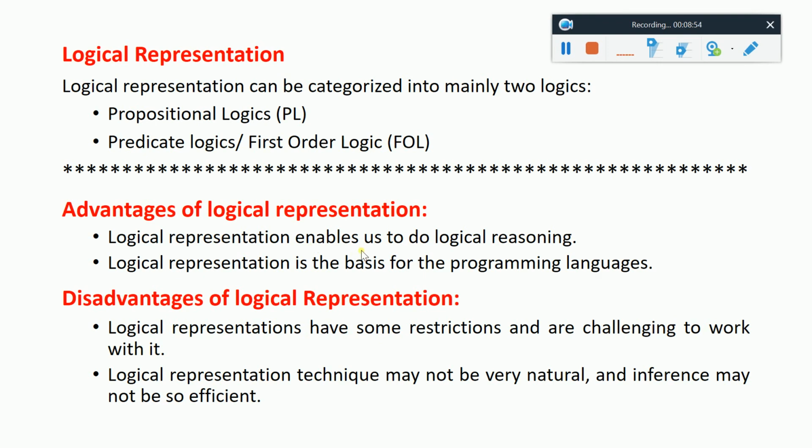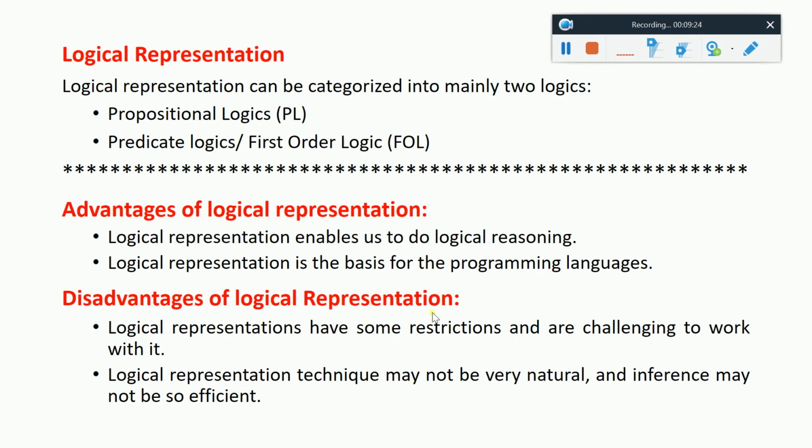Logical representation basically enables logical reasoning. And if we talk about the logical, that means it is based on some factual knowledge. The second advantage is logical representation is the basis of any programming language. So for any traditional language, before executing any program, we should know the logic of the problem.